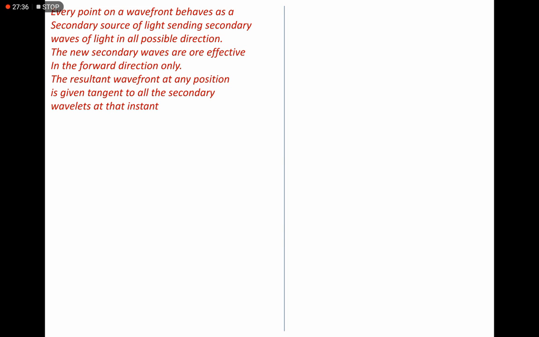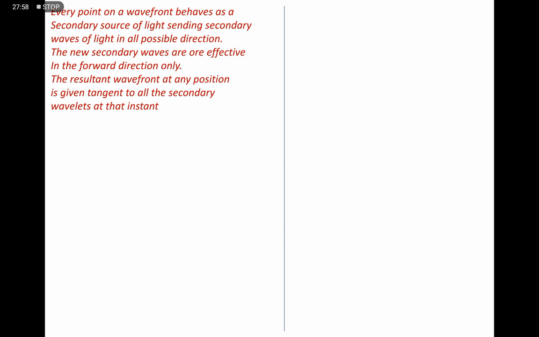At a particular position, the resultant wavefront is given by the tangent to these secondary wavelets at that instant.